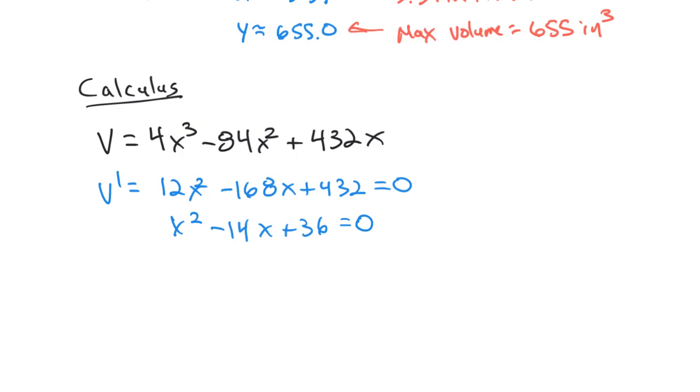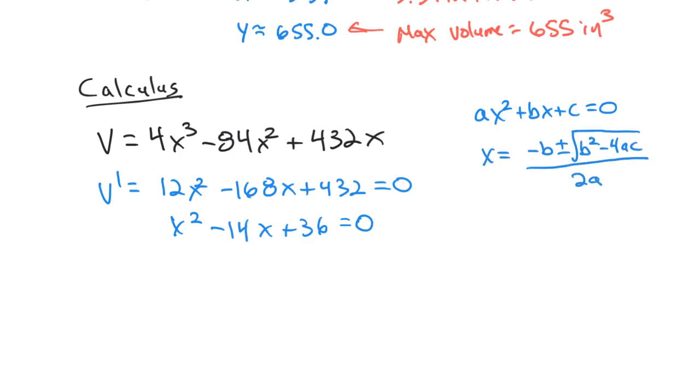Just for a little review, if we have ax squared plus bx plus c equals 0, this works for any second degree equation, which we've got here. The quadratic formula says that x equals negative b plus or minus the square root of b squared minus 4ac, all over 2a.